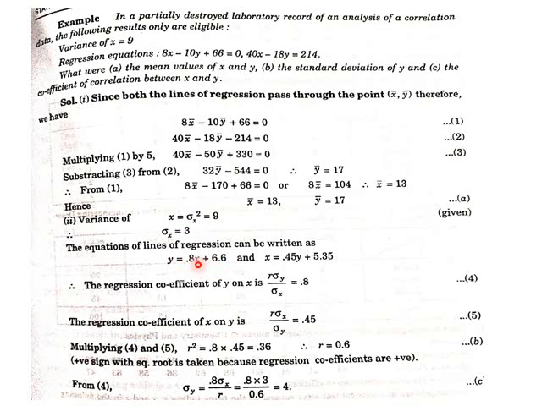Now from the first line you can easily obtain the regression coefficient byx equals 0.8. From the second line, bxy equals 0.45. If you multiply these two, you get r square, and r equals 0.6. Here we take the positive because both regression coefficients are positive. Clear? Now putting all these values in the formula, you get sigma y equals 4.